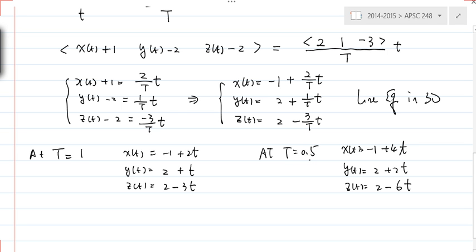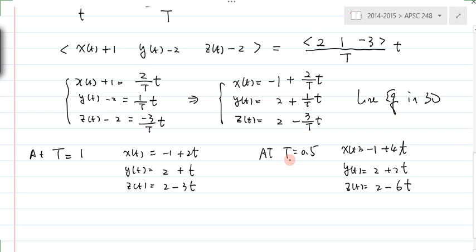But it does tell us one piece of information, which is, are these two describing the same line? Yes.